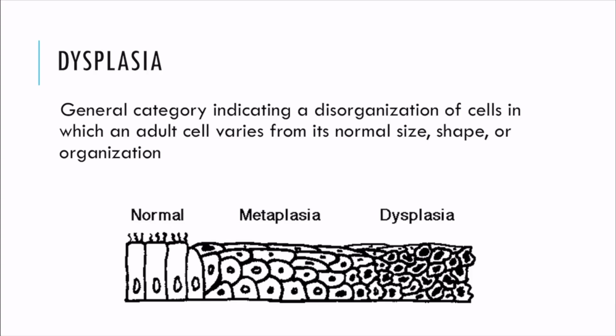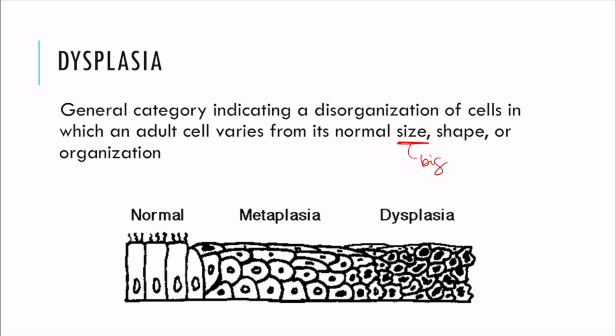So if we walk on the journey of how a cell gets there, the term dysplasia is a general category indicating a disorganization of cells in which an adult cell varies from its normal size, shape, and organization. For example, you can get abnormally big cells. That's a really common finding where they're just bigger than they should be.